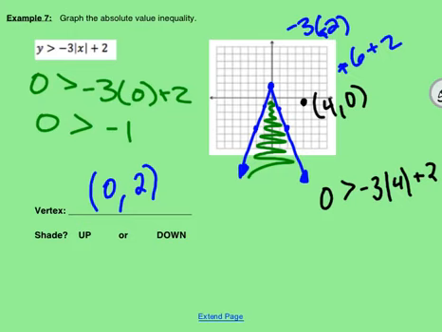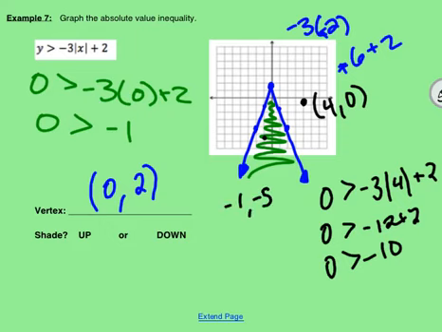I'm confused right now. 0 is greater than negative 12 plus 2. 0 is greater than negative 10. Let's try something else. Let's go to negative 1, negative 5. Negative 5 is greater than negative 3 times a 1 plus 2.